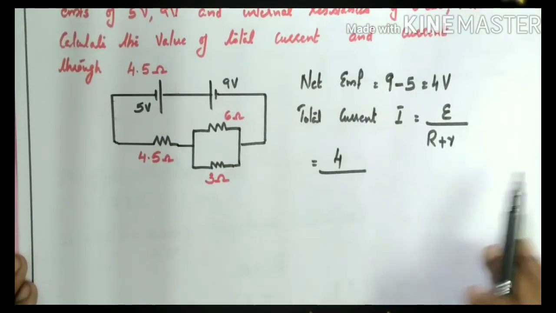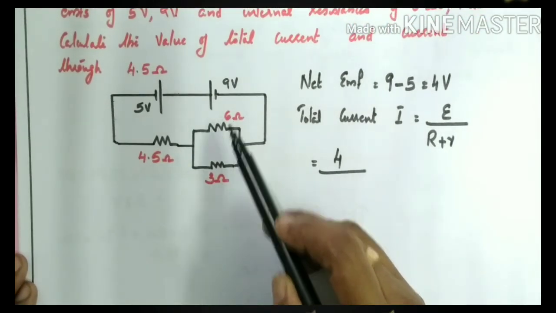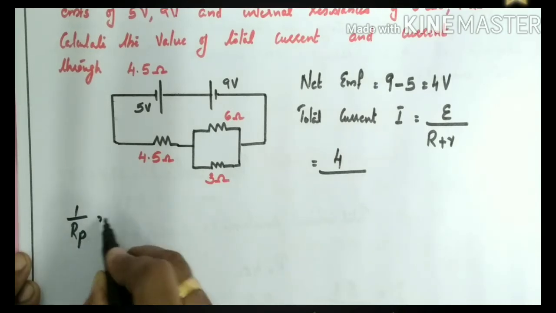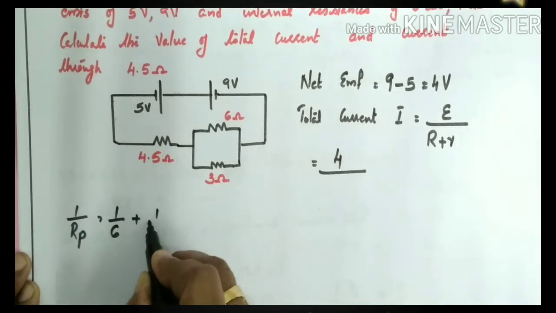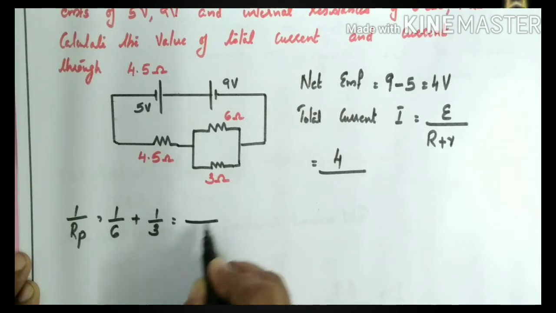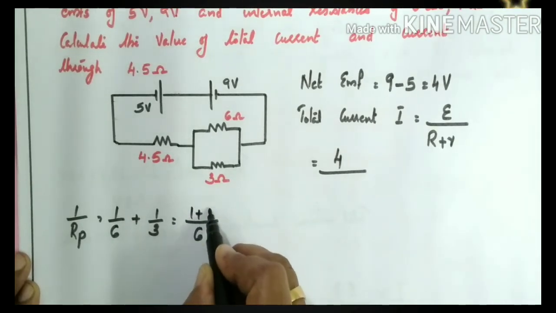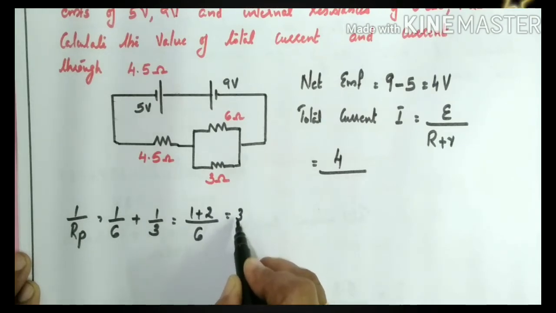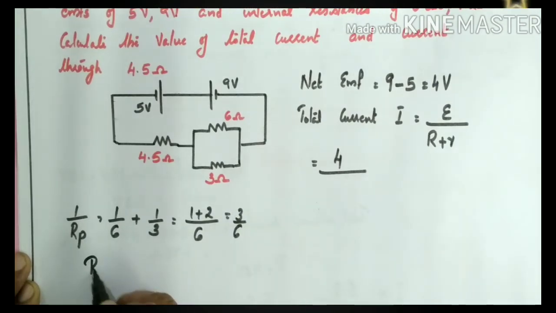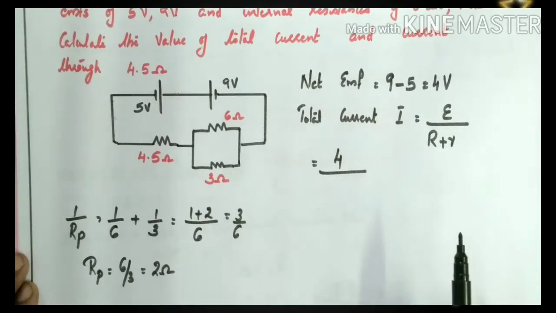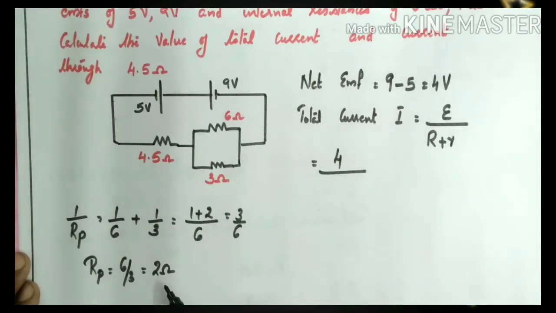So how will you find the equivalent resistance of 6 ohm and 3 ohm? You know, 1 by Rp equals 1 by 6 plus 1 by 3. So LCM can be taken as 6. Here it is 1 plus 2, that is equal to 3 by 6. So equivalent resistance Rp equals 6 by 3, equal to 2. So the equivalent resistance of 6 and 3 ohm connected in parallel is equal to 2 ohm.